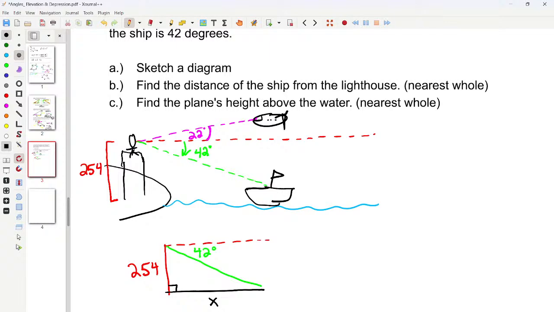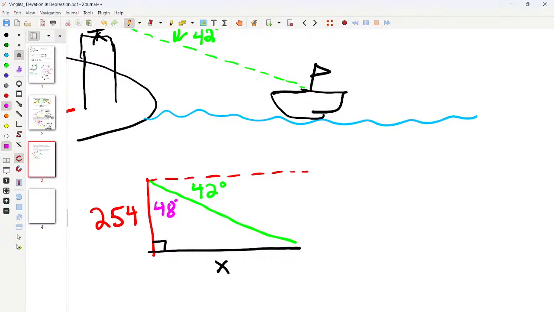Not in the triangle. So remind us, you're always going to get a right angle there. 90 minus 42, 48. Tangents get a lot of love today. But this is opposite. That's adjacent.